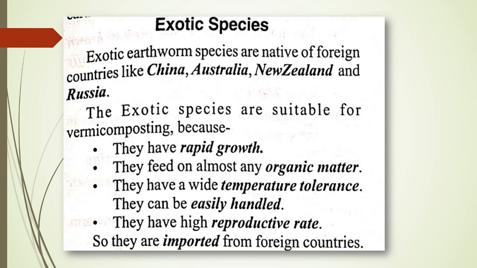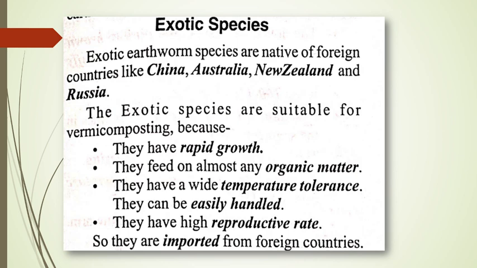They have certain characteristics. First, they have rapid growth and rapid reproduction. Ecologically, they show an r-selected growth curve. They feed on almost any organic matter, having a wide range of feeding sources.